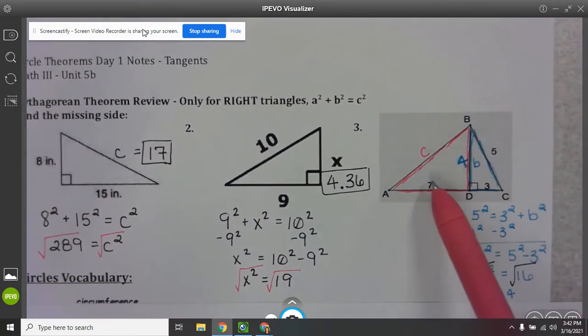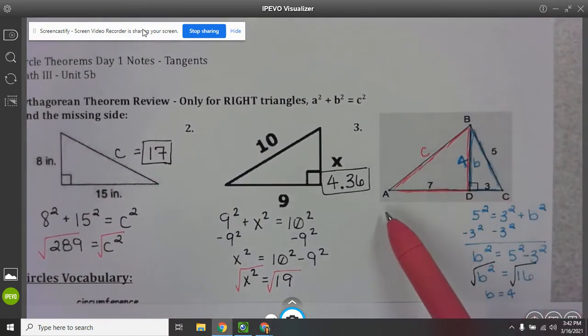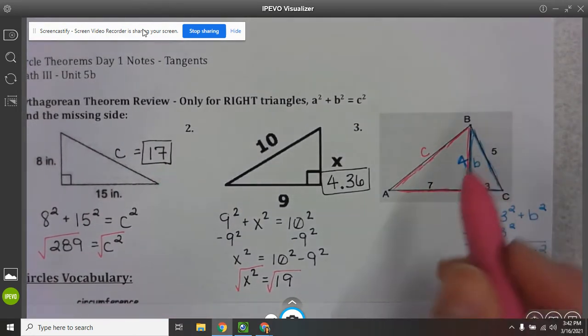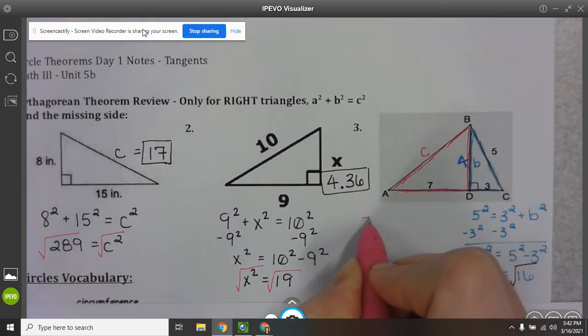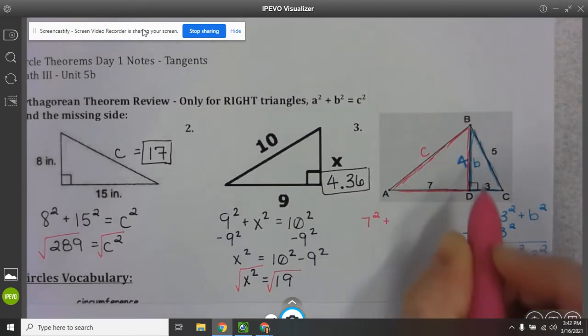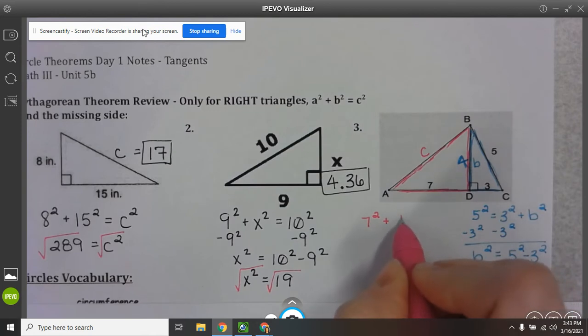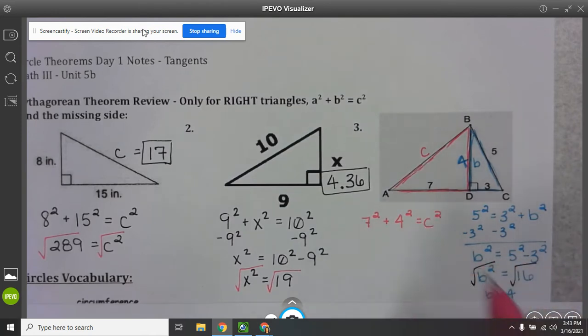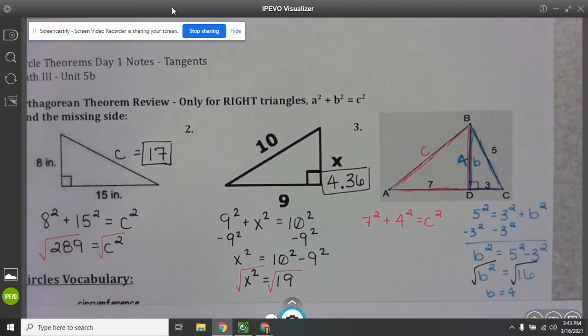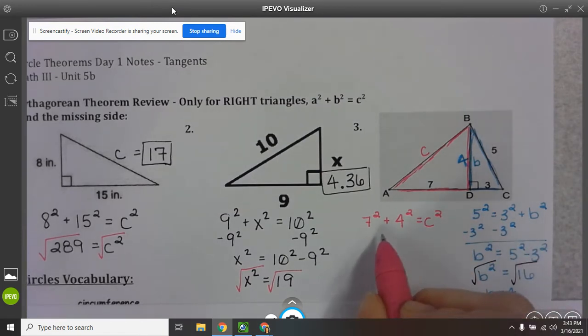So now I know this vertical space here, that length is 4. Then I can move over onto the left triangle that I've labeled the pink triangle. And I have 7 squared plus, now I know B is 4, 7 squared plus 4 squared gives me 65.